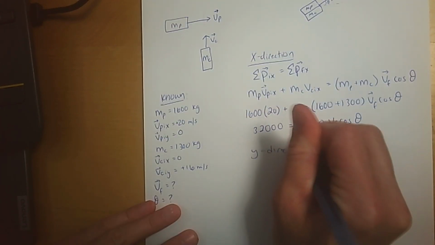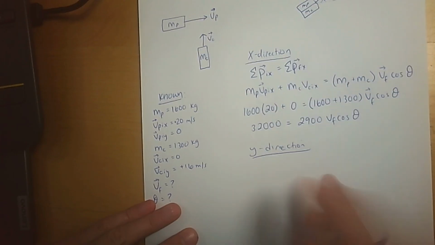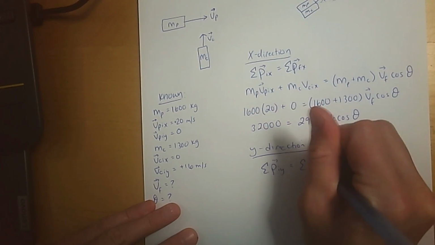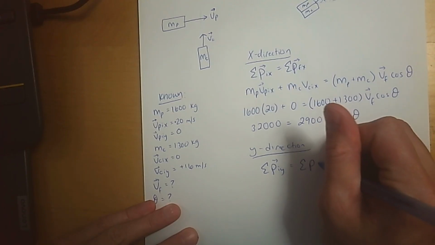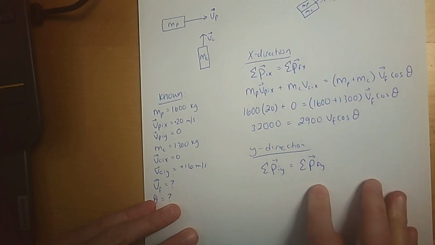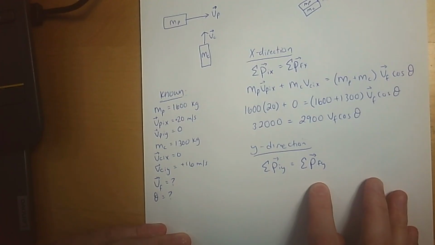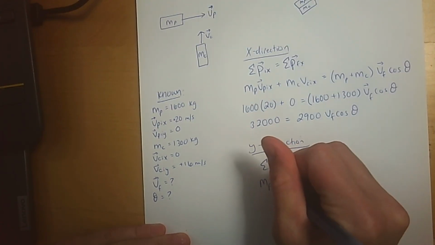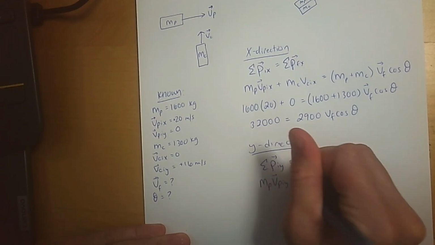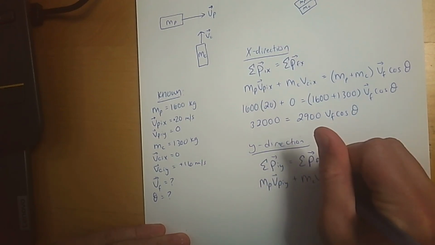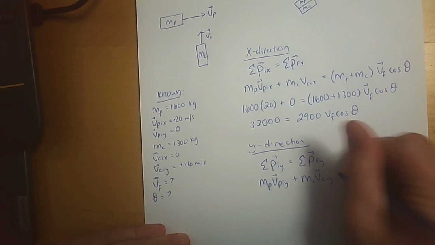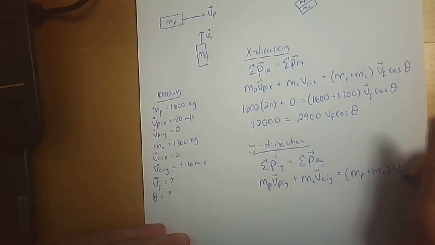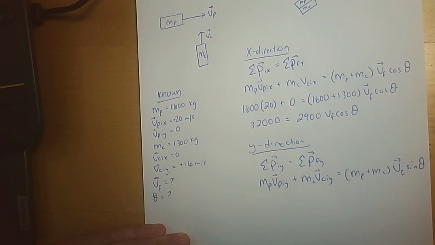For my y direction, I'm going to say the sum of the initial y components of my momentum equals the sum of the final y components of my momentum. So I have the mass of the pickup times the initial y component of the pickup plus the mass of the car times the initial y component of the car. And that equals their masses added together times v final times sine of angle theta.